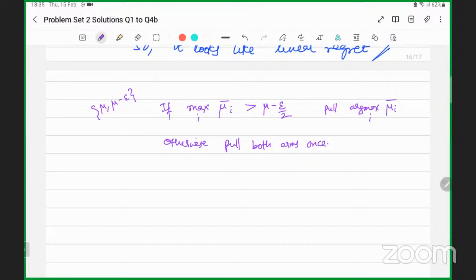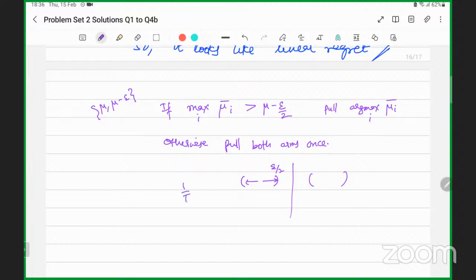So what is the issue? If one of the arms has mu minus epsilon, the other arm has mu, how many samples will we need so that the confidence interval is small enough?